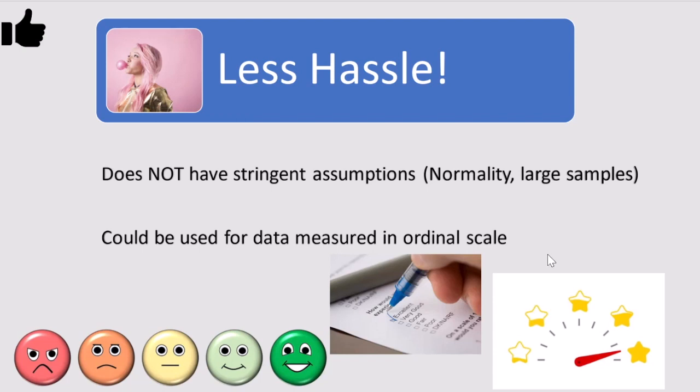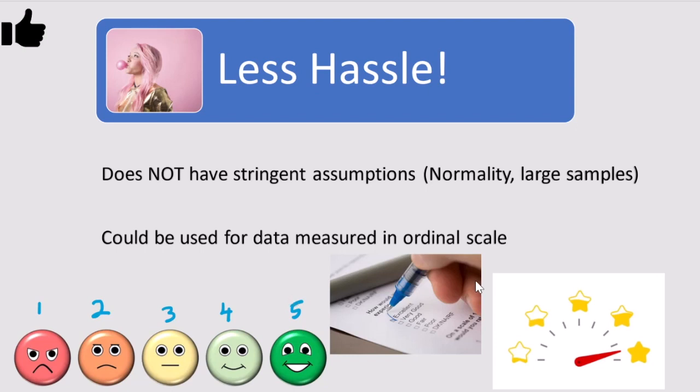In addition to continuous data, we can now conduct hypothesis tests for ordinal types of data. So what is ordinal data anyway? Ordinal data has some sort of rank or order in it. For example, in a questionnaire, you might ask to rate your level of happiness from 1, unhappy, to 5, very happy.